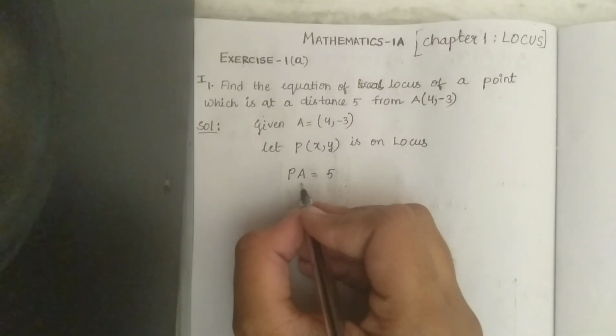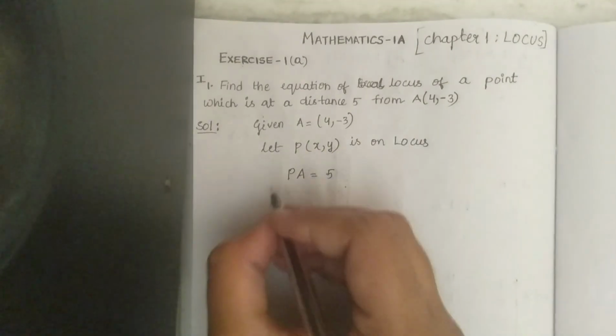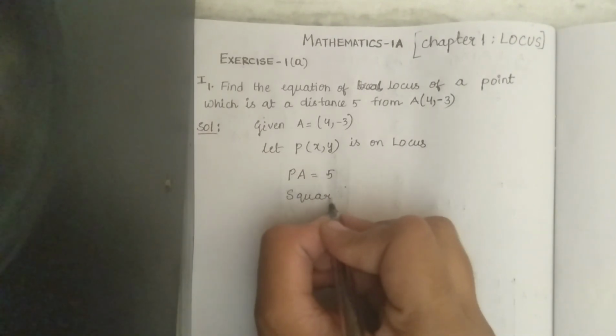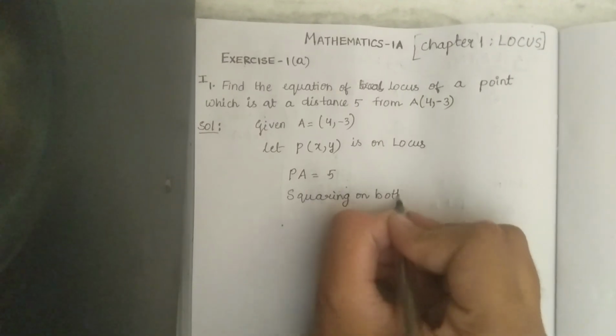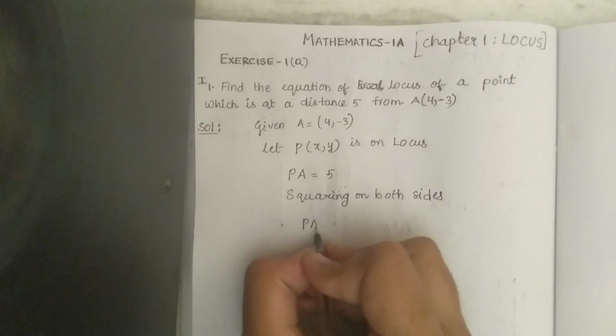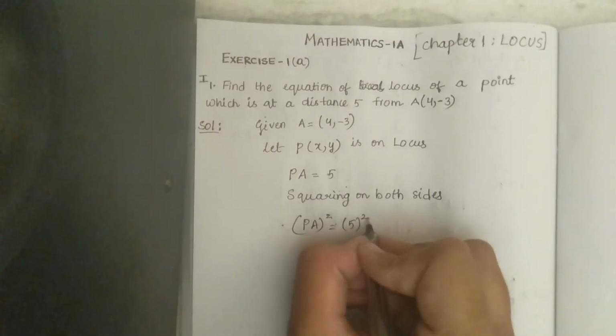So what is PA? PA is the distance between P and A. So we have to do squaring on both sides. Then we will get PA whole square is equal to 5 square.